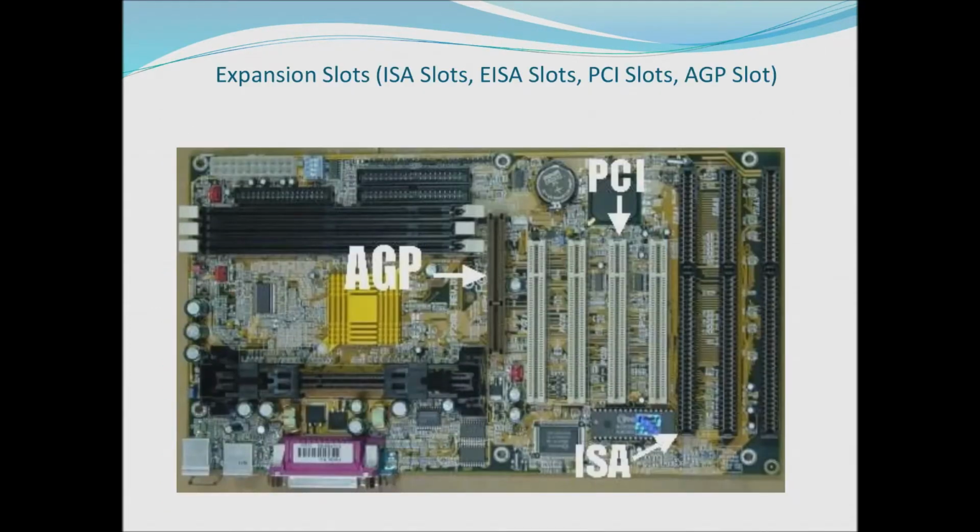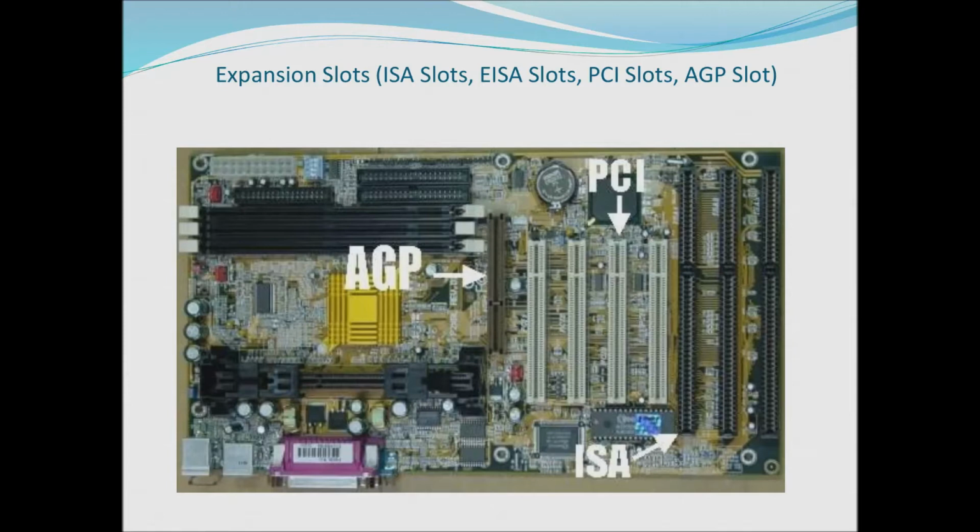The first and most important component on the motherboard is expansion slots. Here in the expansion slots we can see ISA slot, EISA slots, PCI slots, AGP slot. ISA means Industry Standard Architecture slot.